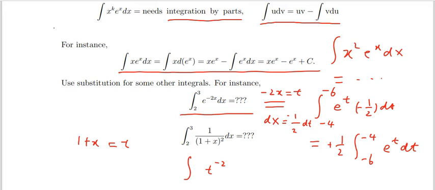We find that dx is just equal to dt, and when x equals 2, t becomes 3, and when x equals 3, t becomes 4. So just this integration, right? We can apply the formula.